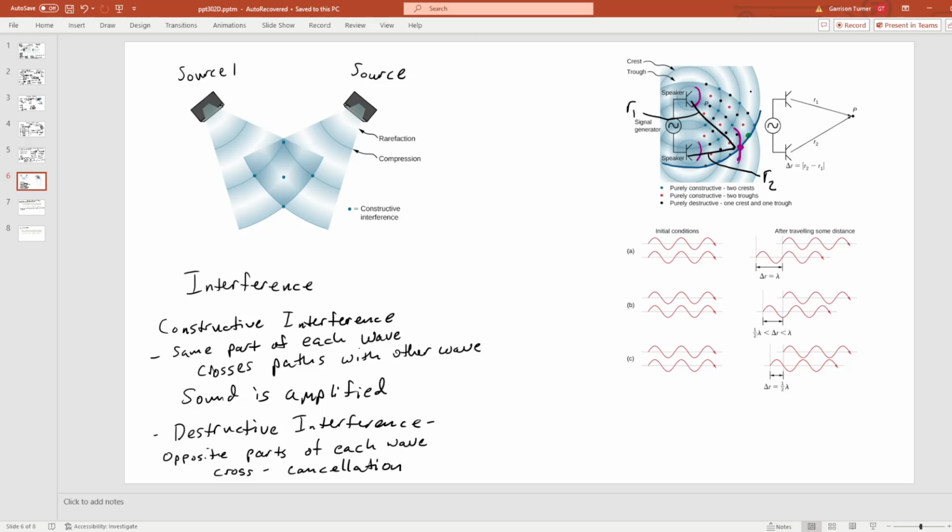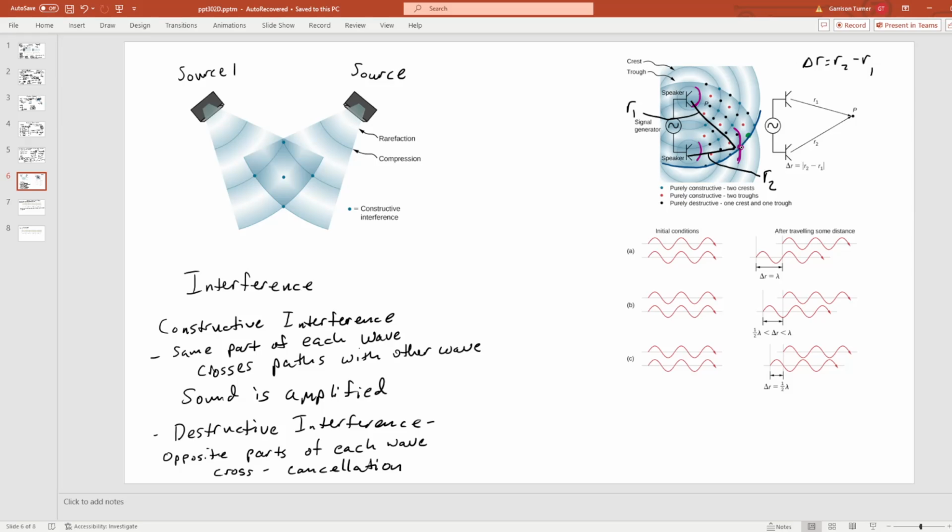And delta R is the difference between these two path lengths. All right. So if I were to lay them on top of each other, whichever one would be longer, there would be some difference, and that's what we represent by delta R.